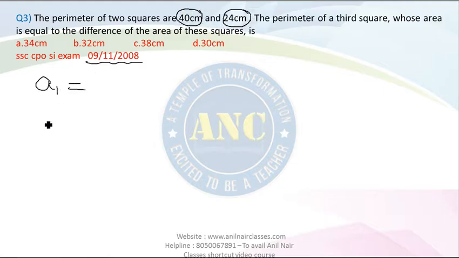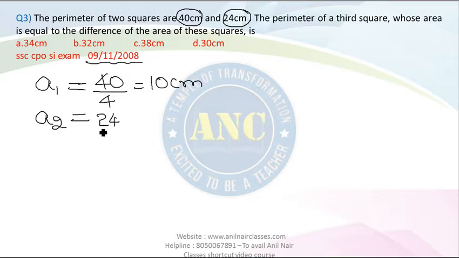If I take the side of the first square as a1 and the side of the second square as a2, all the sides will be equal in a square. So the perimeter 4a1 is 40, so a1 is 40 divided by 4, which is 10 centimeters. Similarly, a2 is 24 divided by 4, which is 6 centimeters.